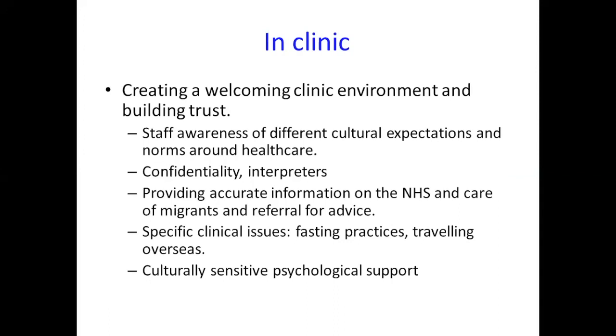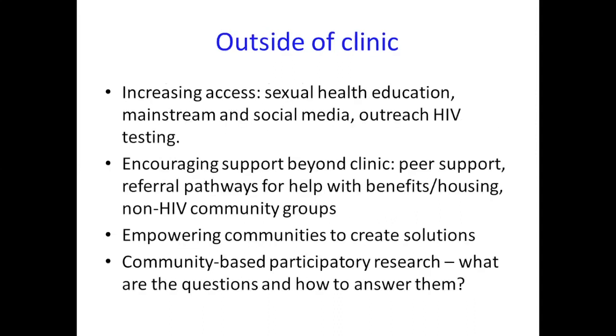And we need to think about specific clinical issues. So for example, malaria prophylaxis or antiretroviral interactions when traveling overseas, or fasting practices, for example, so how to time antiretrovirals. And we should be providing culturally sensitive psychological support. And then outside of clinic, we need to think about how to get patients aware of services and get them increasingly tested.